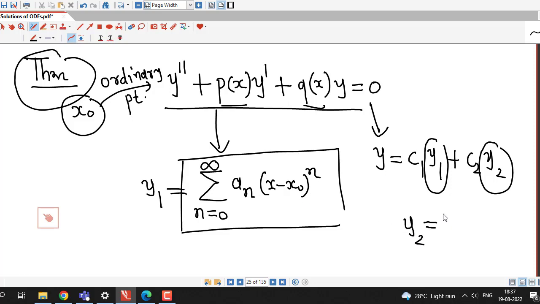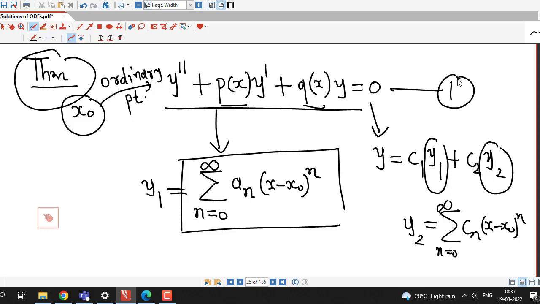Similarly y2 will be another series in powers of x minus x0. So remember this result, that if x0 is an ordinary point of equation number 1, then it always has two linearly independent non-zero power series solutions.